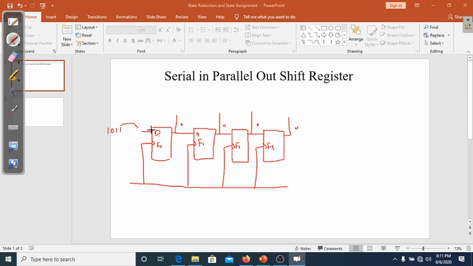So after the first clock pulse, this output would be 1, and the remaining outputs, you know that the output of the flip-flop is the same as its input, so the remaining would be 0, 0, 0.